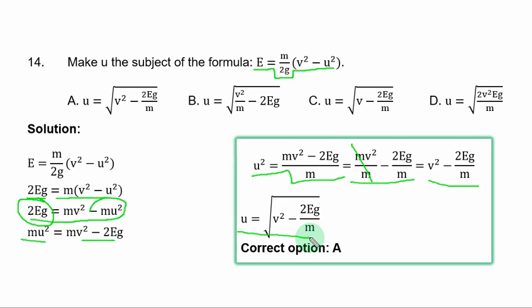When you are working, you must look at the options. It is possible for us to stop here, but this is not in the options, so you go further by giving each term in the numerator the denominator to enable you simplify before taking the square roots of both sides.